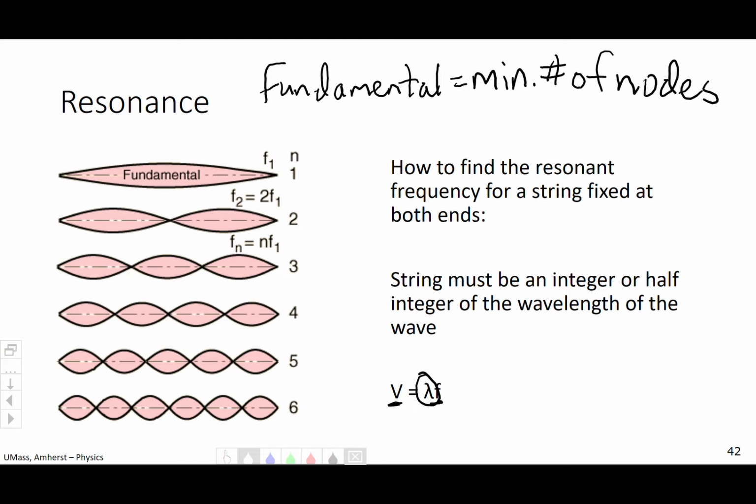So resonance, we can get, these are all possible standing waves within the same container. We have the first, second, third, fourth, fifth, and sixth. So we have one antinode, two antinodes, 3 antinodes, 4, and so on. So these are all possible within the same distance, just at different driving frequencies.